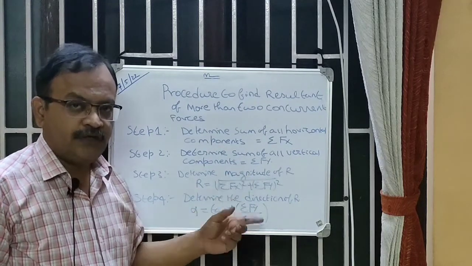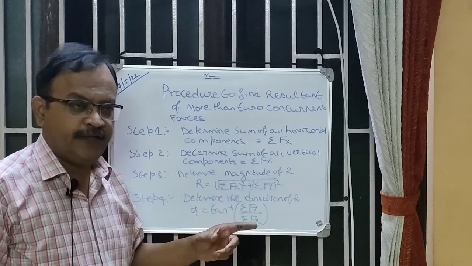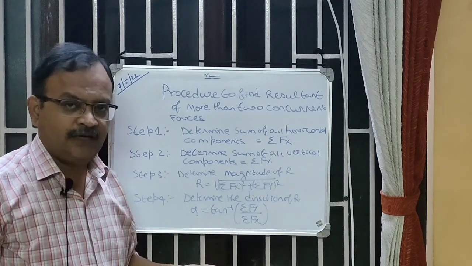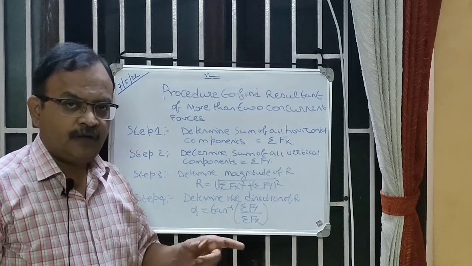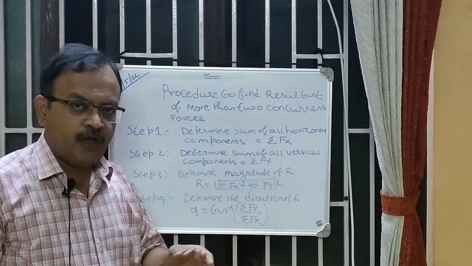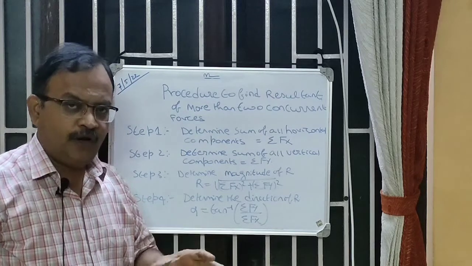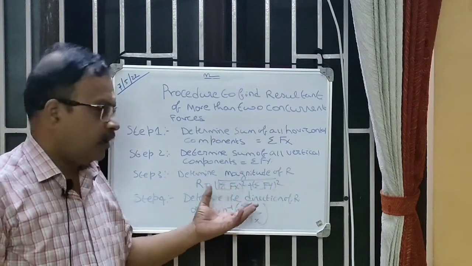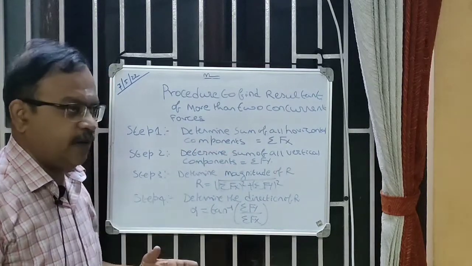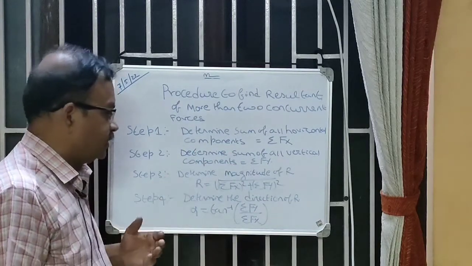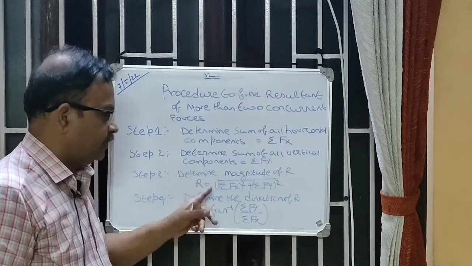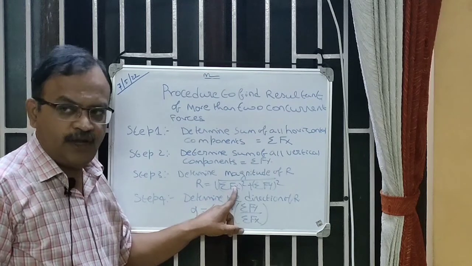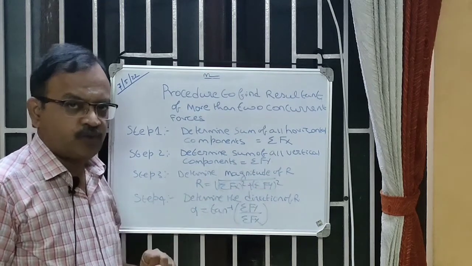Whether the force that is split into x or y component is acting in the positive x direction or the negative x direction, or positive y direction or negative y direction, accordingly you have to put the sign, and then find sigma Fx and sigma Fy. After determining sigma Fx and sigma Fy, the magnitude of the resultant is found using the equation R is equal to square root of sigma Fx squared plus sigma Fy squared.